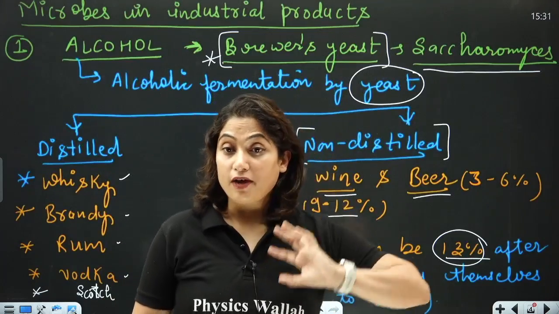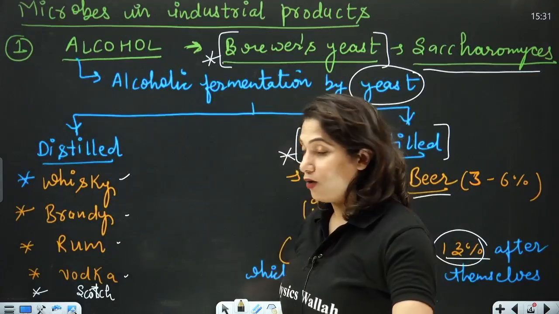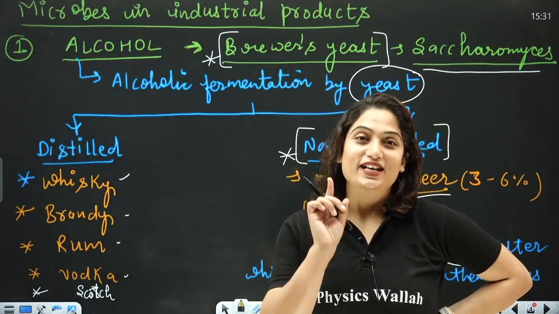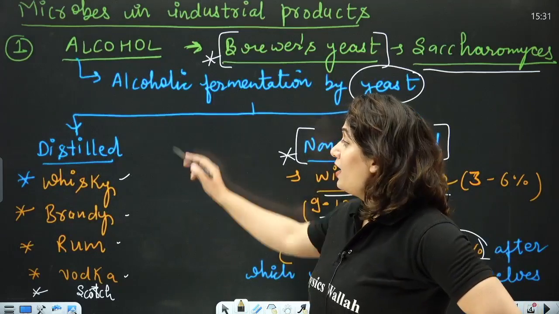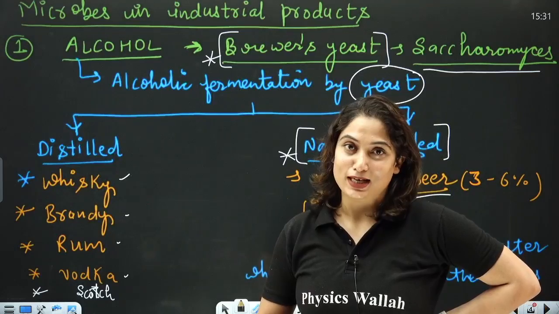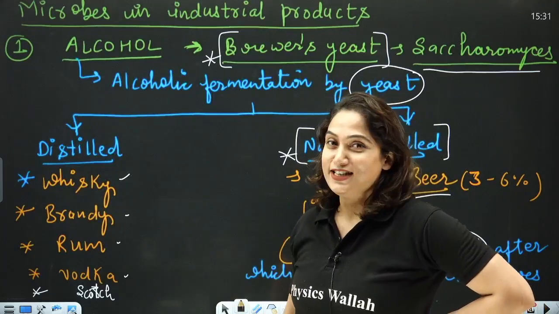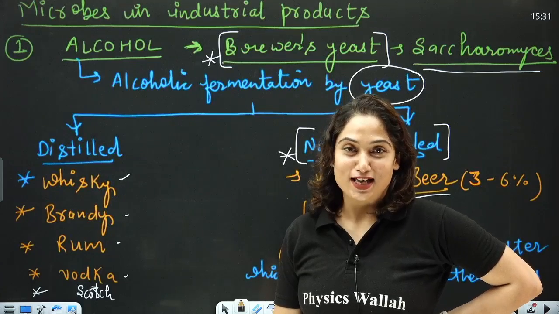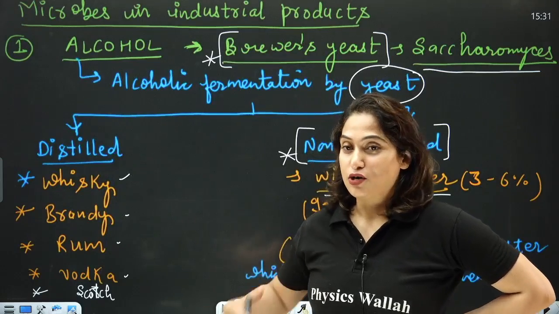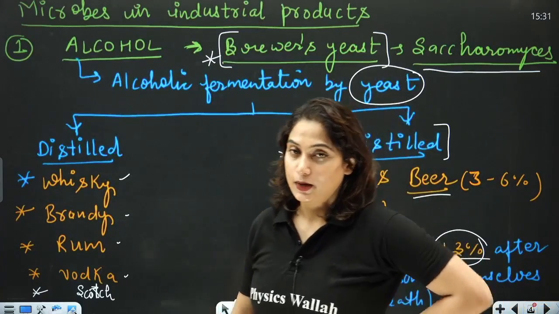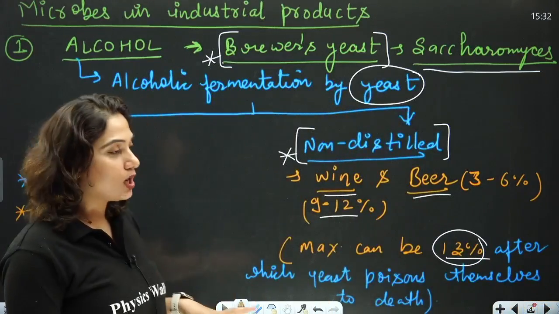Okay, so if you have to increase the content of alcohol in any alcoholic beverage, then you have to distill it. So in distilled alcohols, you can increase the alcohol content by distillation, like whiskey, brandy, rum, vodka, scotch, right? In all these alcohols, the amount of alcohol can vary from 50 to 90%. Okay, so what kind of question comes from here?